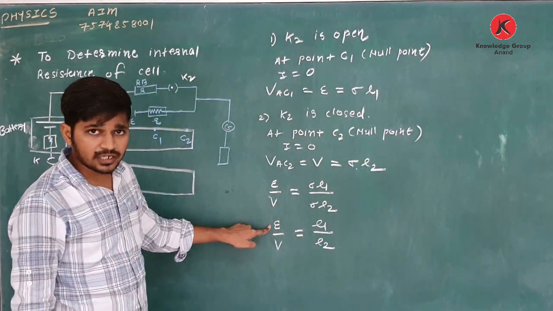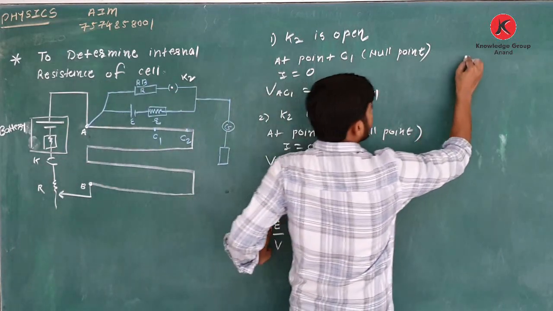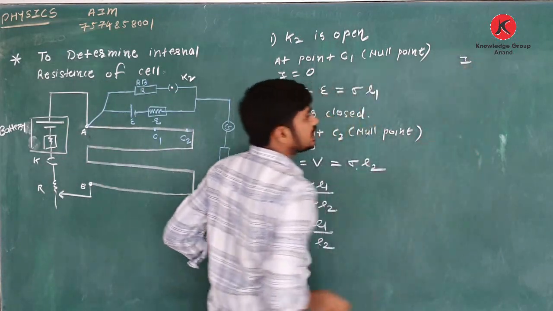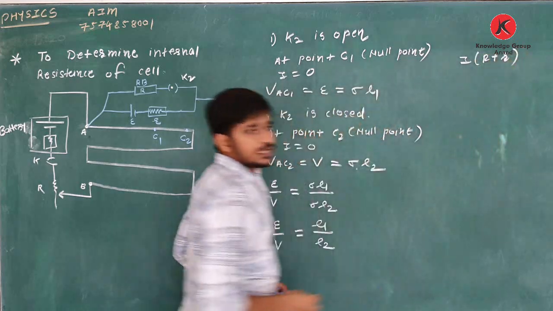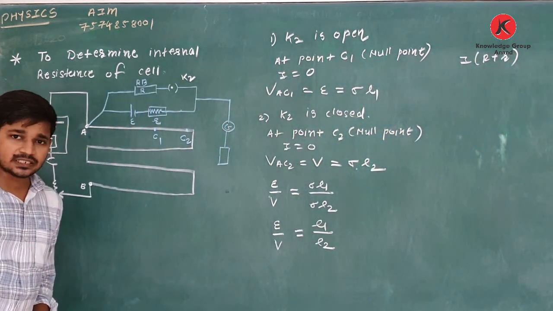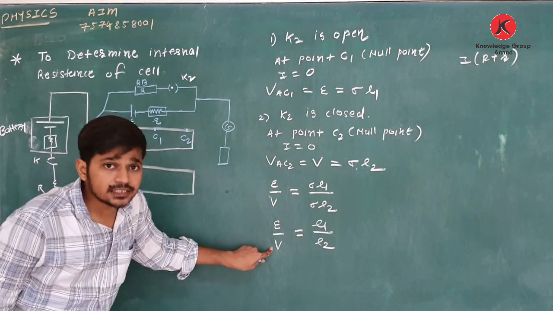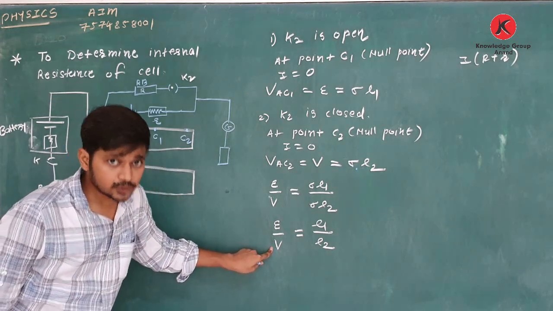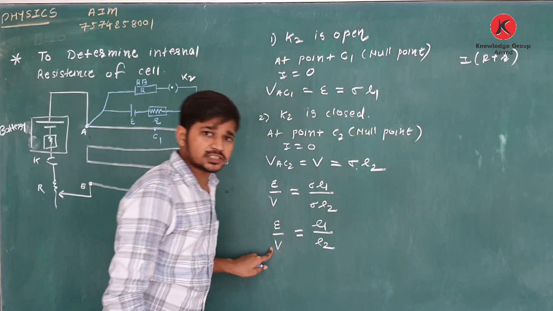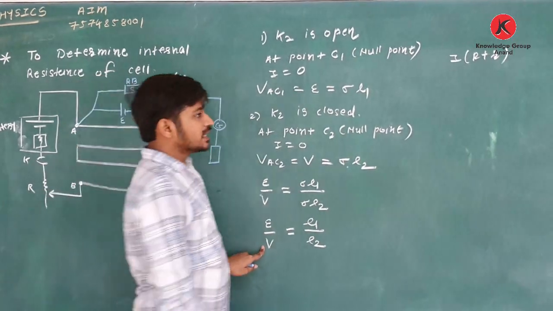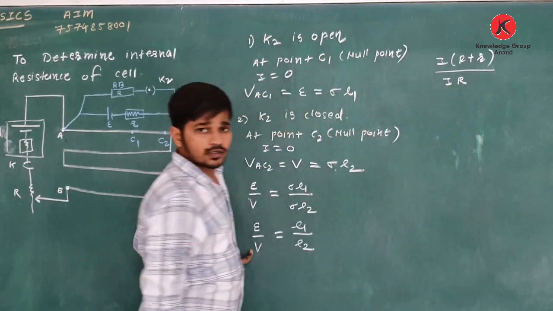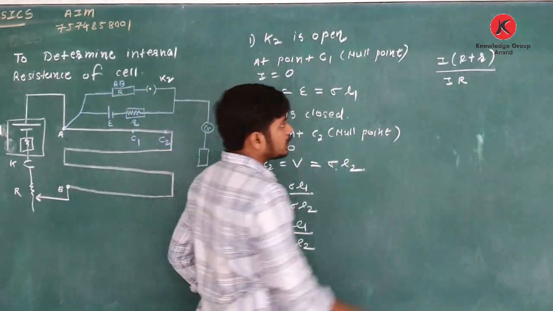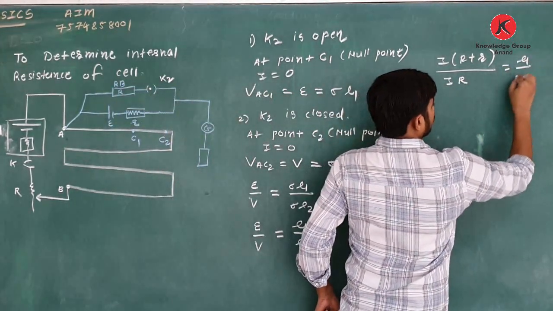If you apply Kirchhoff's law, E is equal to I into R plus r. And V is the potential difference between the two ends of the resistance, so I will write it as I R. So I(R plus r) upon I R is equal to L1 upon L2.